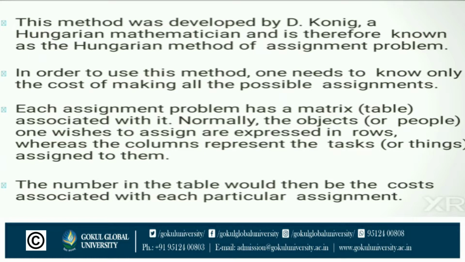Normally the objects or people being assigned are expressed in the rows, whereas the columns represent the tasks or things assigned to them. Here one person is assigned to one job, one task, or one thing. The numbers in the table are the cost associated with a particular assignment.